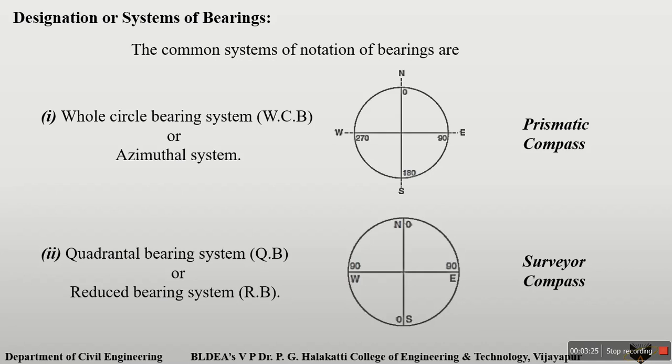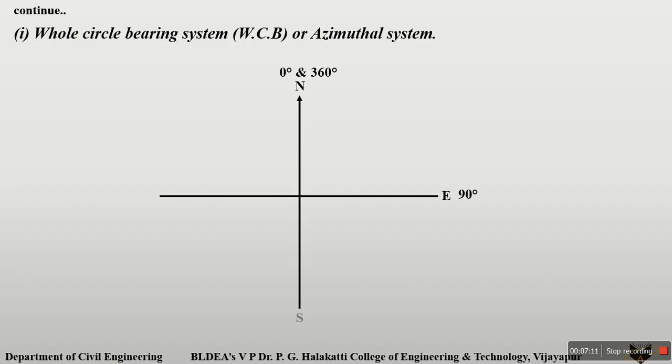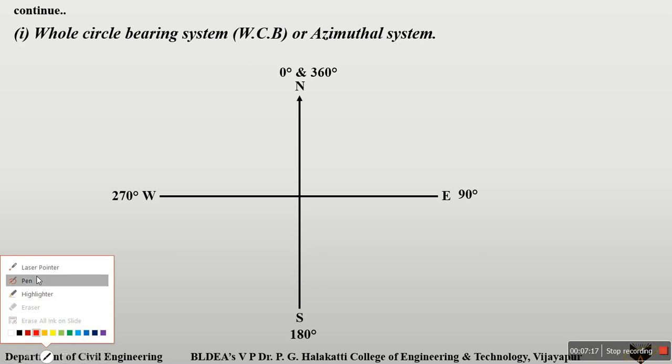We will next discuss the measurement of whole circle bearing as well as quadrantal bearings with respect to the instrument. This is our compass. Here we are dividing it into four quadrants.